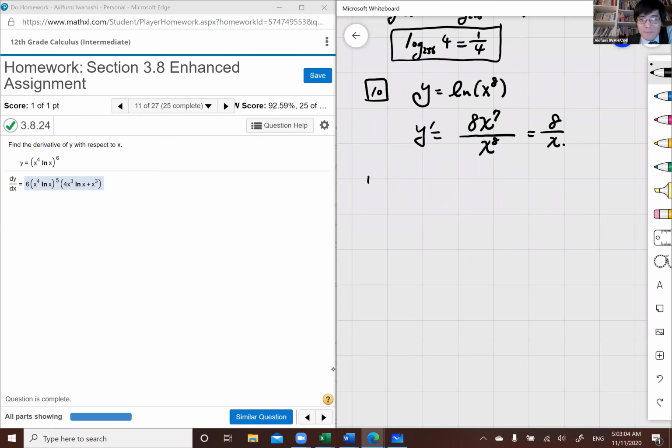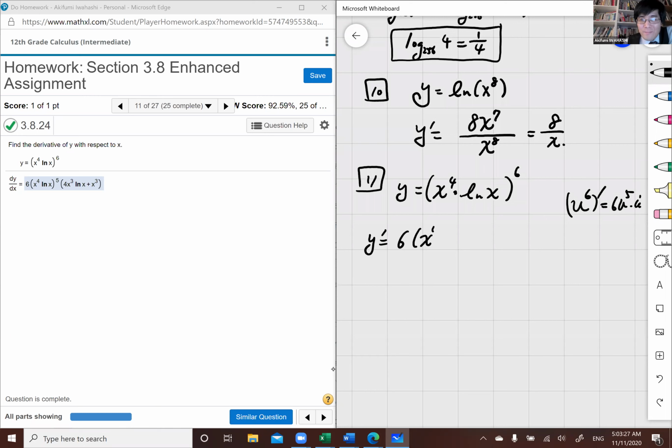Number 11. A bit more complicated expression: x to the 4th times ln of x, so you have to use the product rule, be aware of that, all to the power of 6. Remember, u to the 6th, the derivative is 6 u to the 5th times u dash. So y dash will be 6 times whatever is inside to the power of 5.